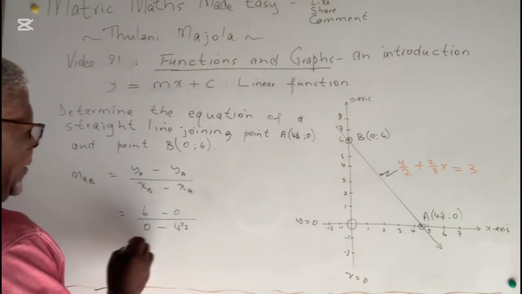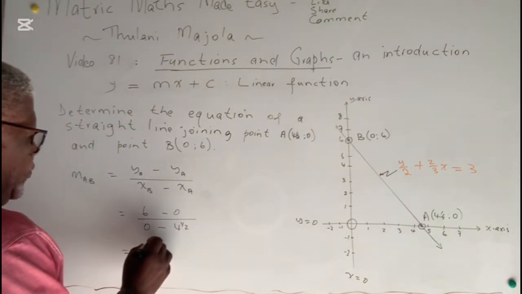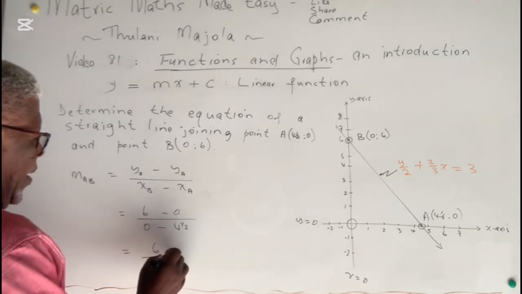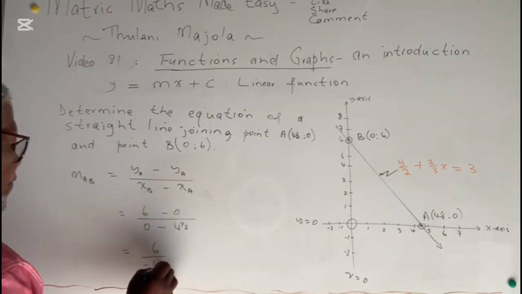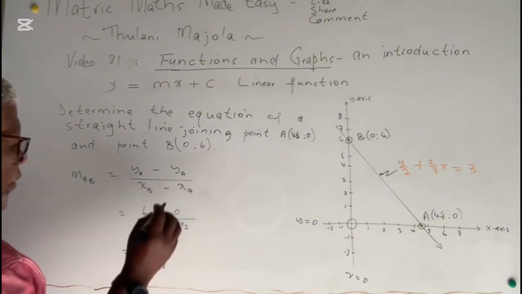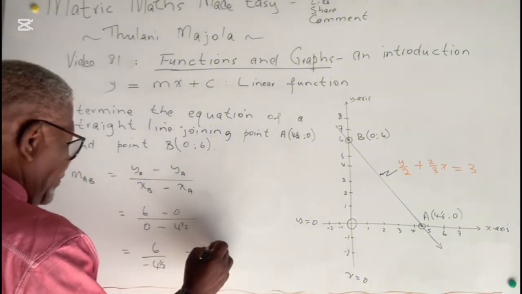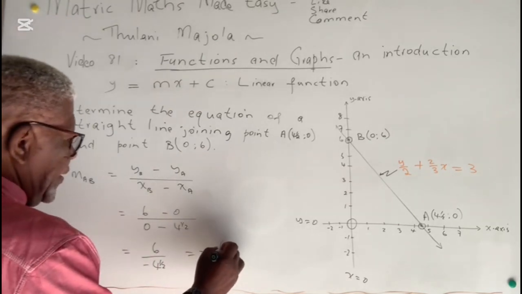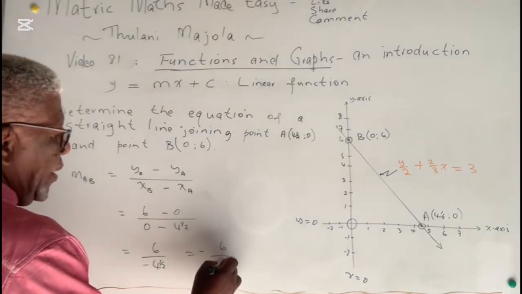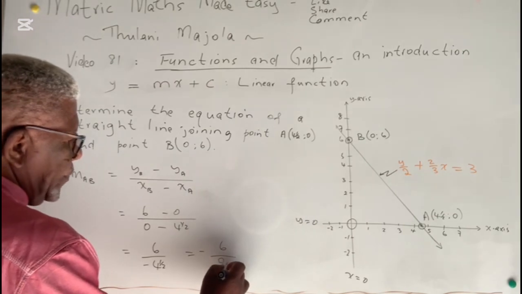And then this is equal to 6 minus 0, which is 6, over 0 minus 4.5, which is negative 4.5. This is positive divided by negative, so it will be negative 6 over 4.5. But 4.5 is actually 9 divided by 2.